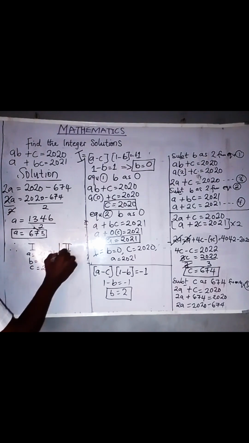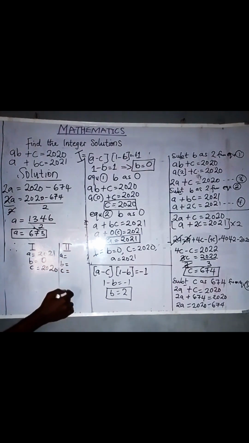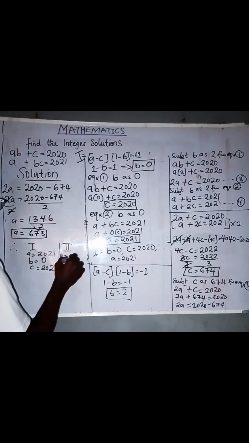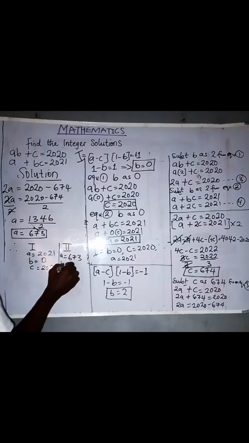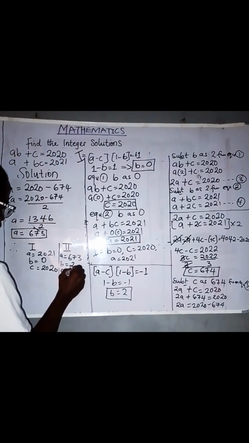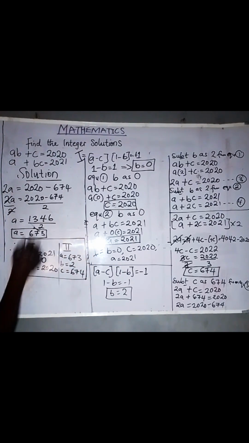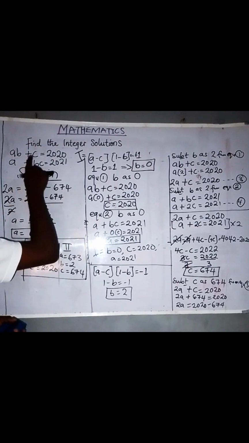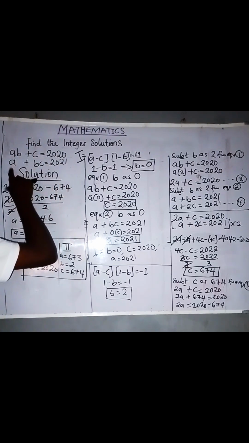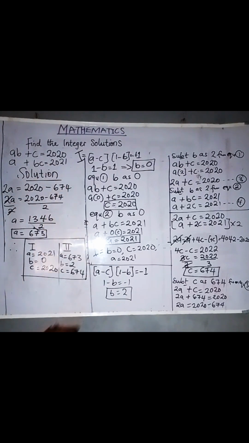For the second one, I got my A as 673, my B as 2, good, and my C as 674. So these are the two integral solutions: AB plus C equals 2020 and A plus BC equals 2021.